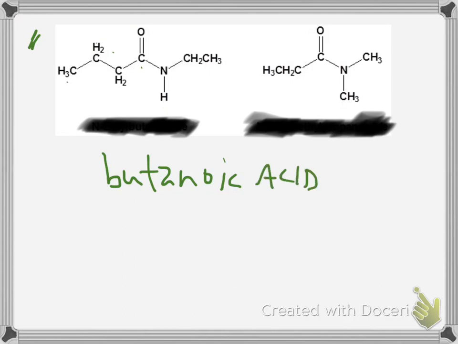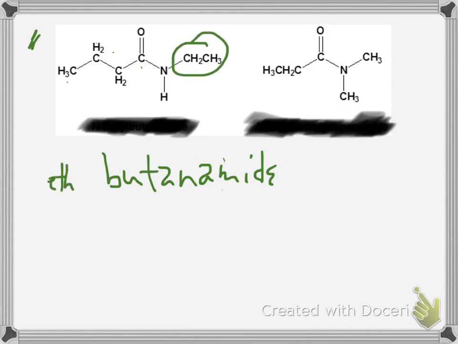However, once again, we drop the oic acid and we add in the ending amide. And we also need to account for that functional group, which is an ethyl, because it has 2 carbons. And we have to give it the locant N. So this is N-ethylbutanamide.